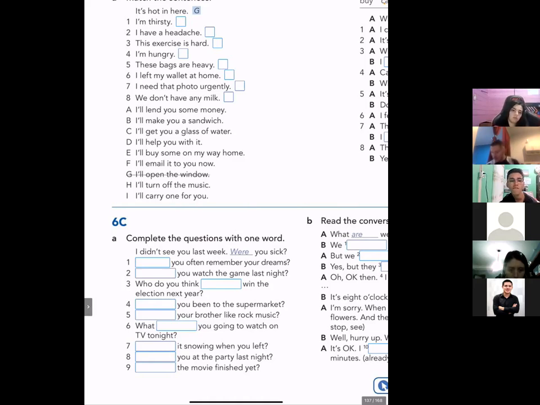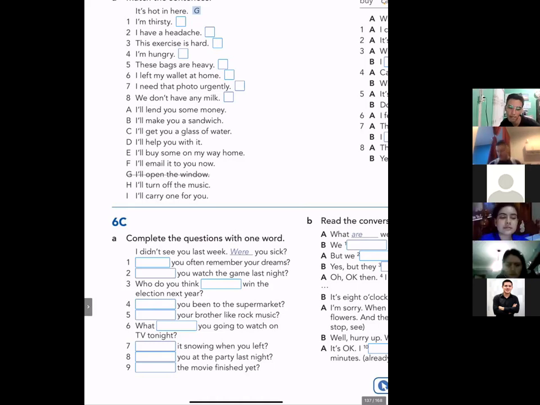Number five, does your brother like rock music? Number six, what are you going to watch on TV tonight? Easy. Are. Because going to watch is telling you that it is be going to.